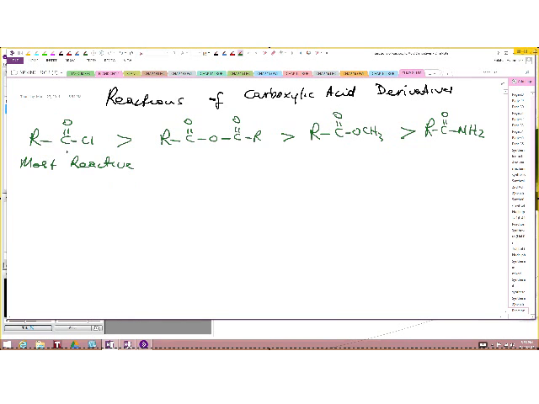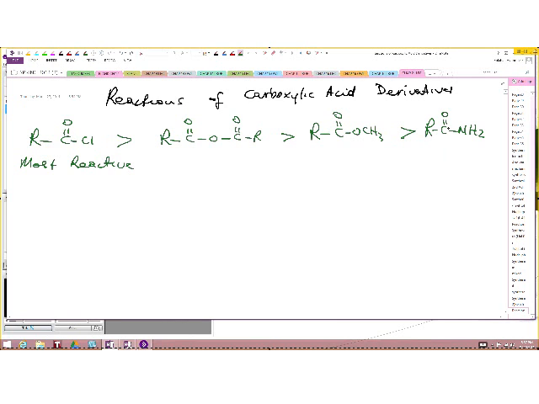What this means is we could obtain all of these other derivatives from the acid chloride. We could obtain all of the esters and the amide from acetic anhydride and also from the acid chloride. We could obtain the amide from the ester, from the anhydride, and from the acid chloride.